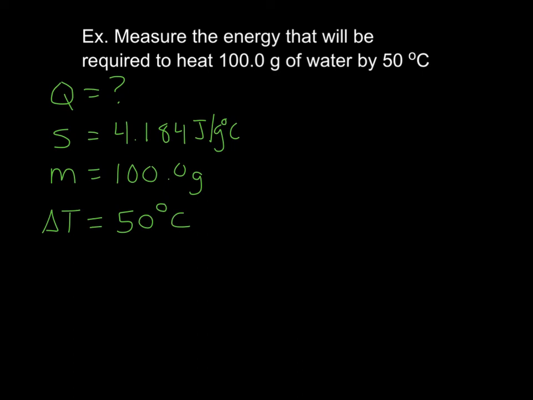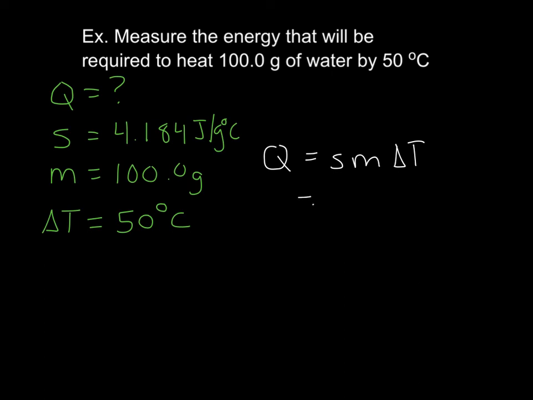Now, it did not tell us that it's cooling, and it did not give us a negative, so we use the positive delta T. We are ready to now look at our equation again, and then we're going to just simply plug and chug. So, let me change colors here. We know from the last slide that Q equals S m delta T is our equation for calculating energy.